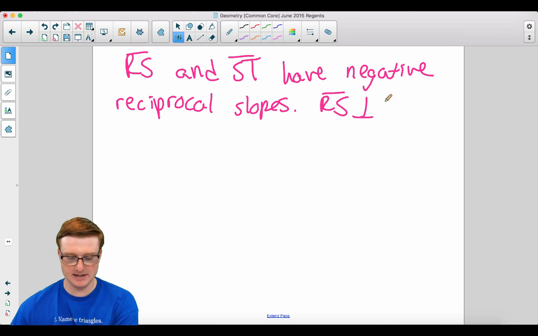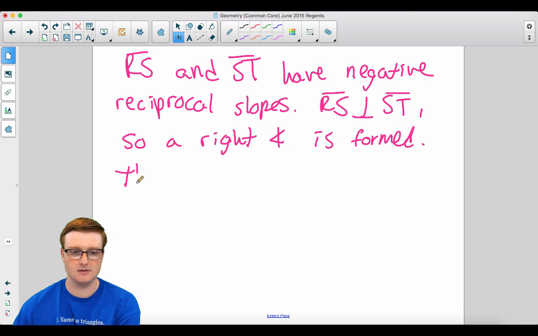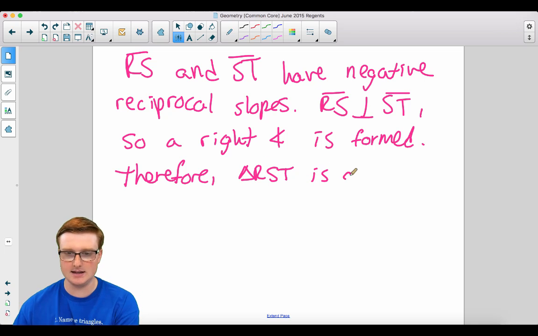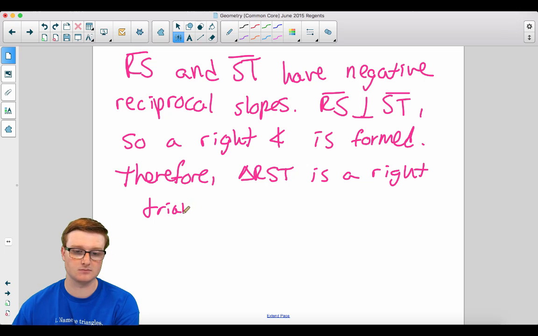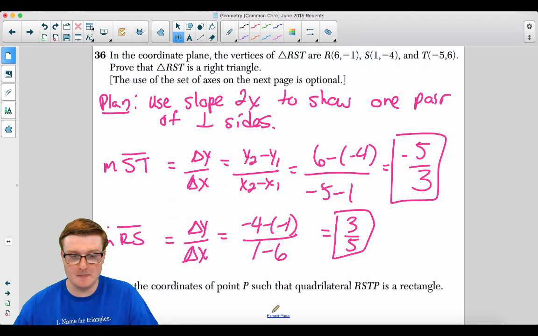So RS is perpendicular to ST, so a right angle is formed. Therefore, triangle RST is a right triangle. Okay? You just have to write that conclusion in somewhere.